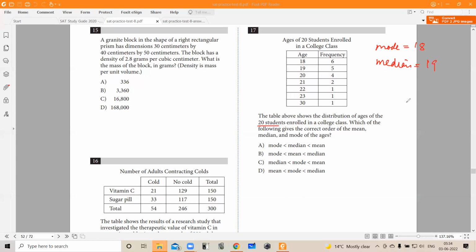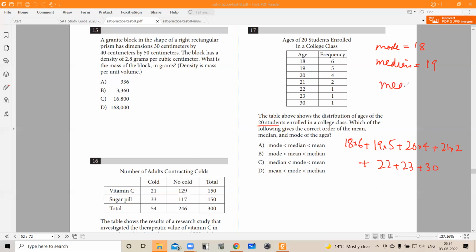So that's all the ages added up. Correct. But in terms of frequency, 18 times 6 is 108, plus 19 times 5, 95, plus 20 times 4, 80, and 21 times 2, 42.